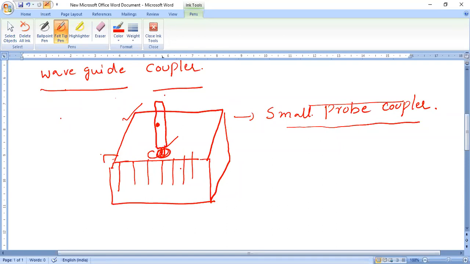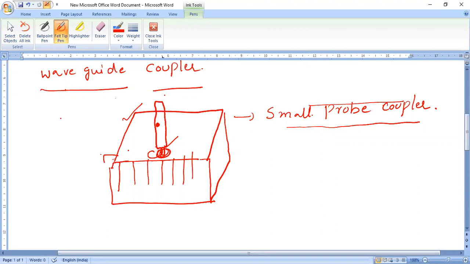Actually, it is a coaxial cable. On the broader walls of the waveguide, the small probe is penetrated where the electric field is maximum and normal to the conducting plates. But the probe position should be parallel to the electric field lines.